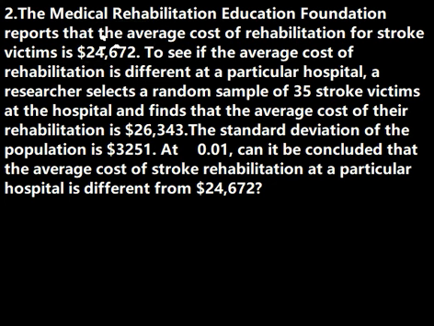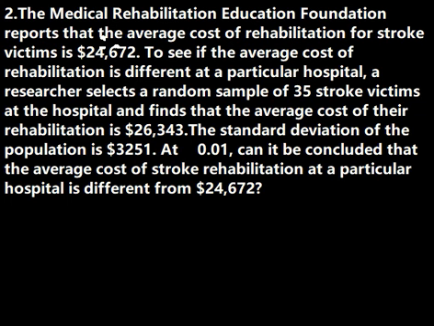So now, to see if the average cost of rehabilitation is different at a particular hospital, a researcher selects a random sample of 35 stroke victims, that is the sample size, the value of n, at the hospital, and finds that the average cost of their rehabilitation is 26,000. So that is the sample mean, given as x bar.